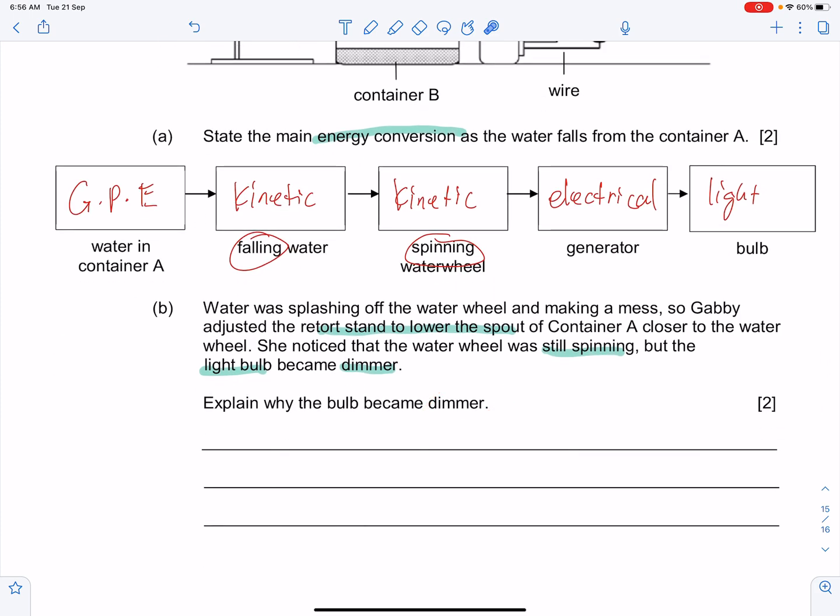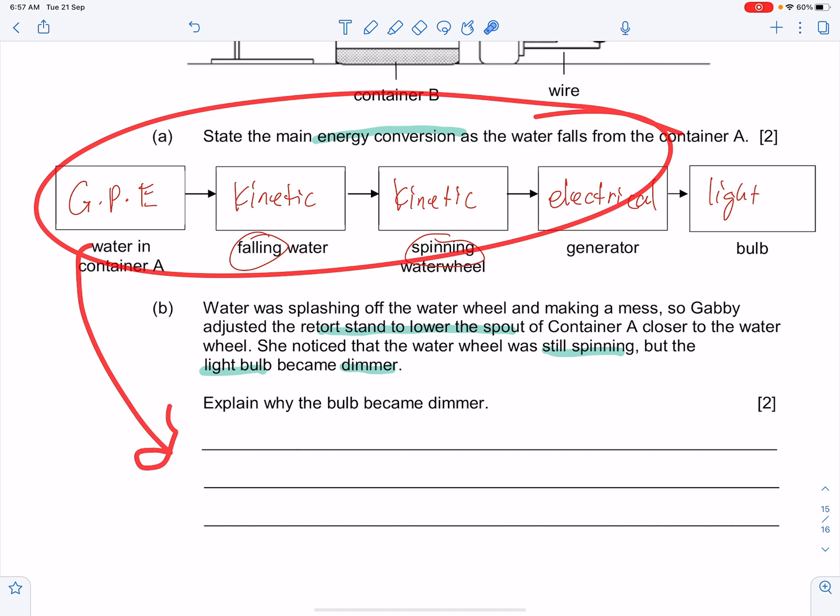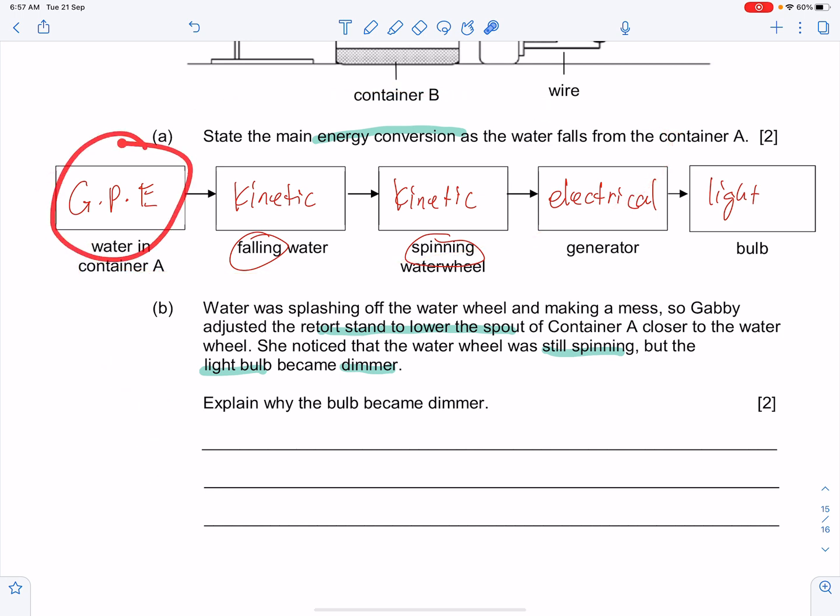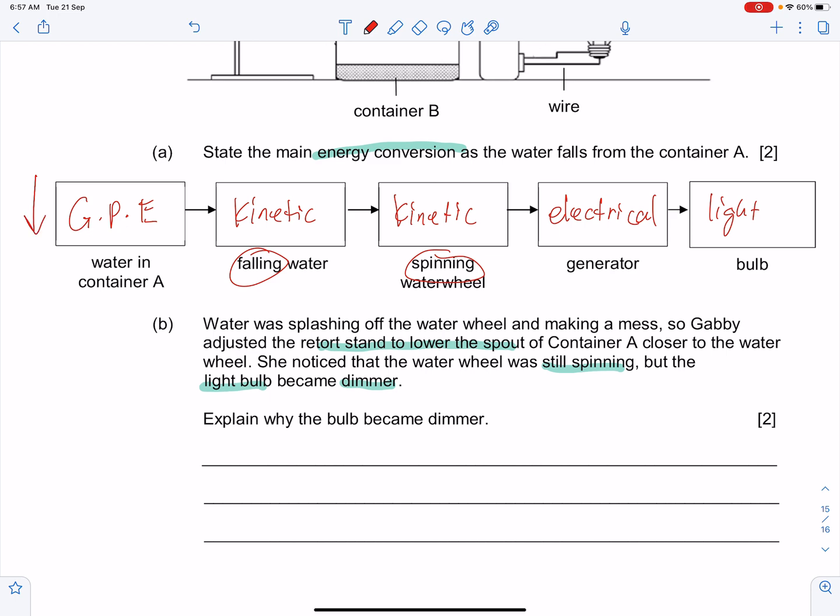Can you see it's really directly related? All you have to do is tell me where the chain reaction is, where was affected, and how it first got affected. The part that got first affected is the decrease in your GPE.